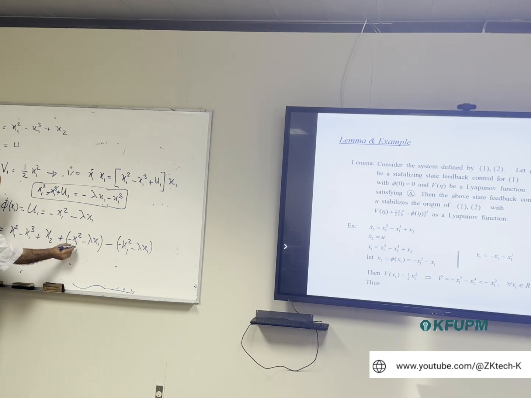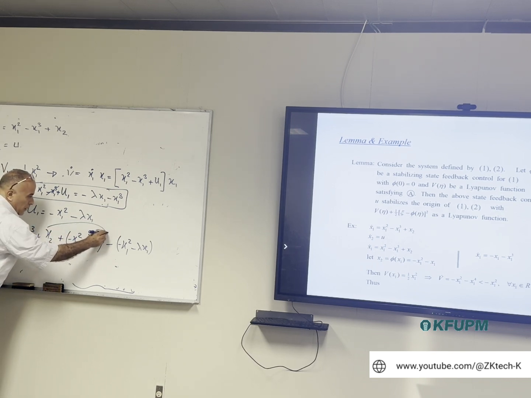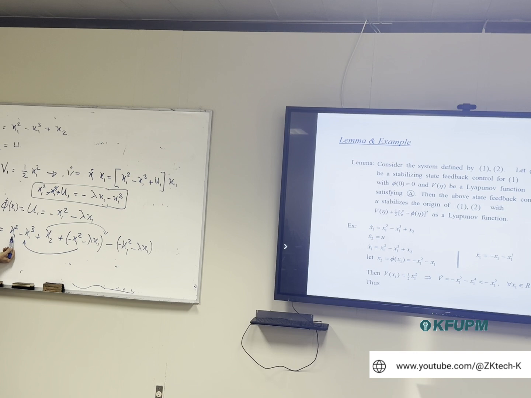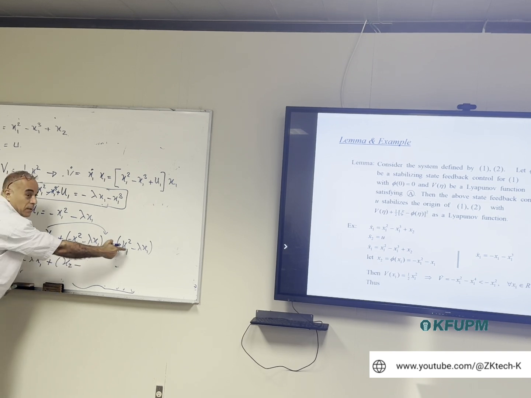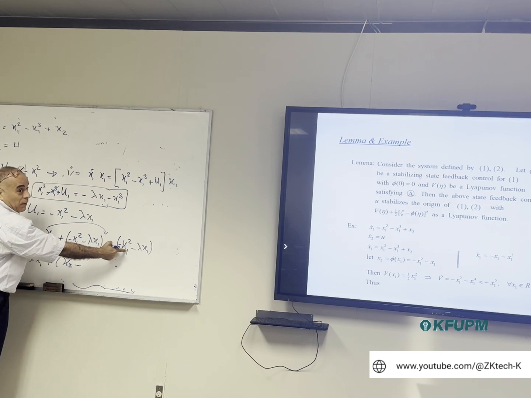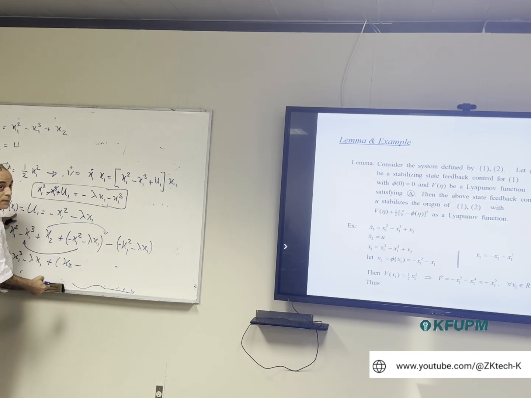So these two terms, I will take them together. This term, I will bring it here. So x1 squared disappears. Minus x1 cubed will stay. Minus lambda x1 will stay. So I will have minus x1 cubed minus lambda x1 plus x2 minus this term, which is phi of x1 or u1, the way you want, whatever makes you comfortable.